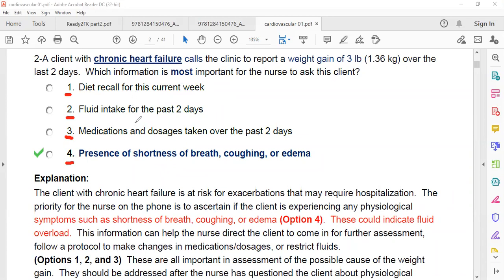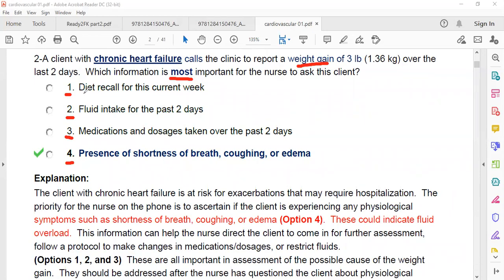To find out the correct answer from here, you do not need to be a master of medical science. It makes sense. My patient has chronic heart failure or congestive heart failure, weight gain. There are 4 questions, which is the most important?